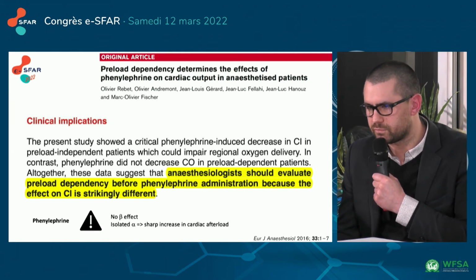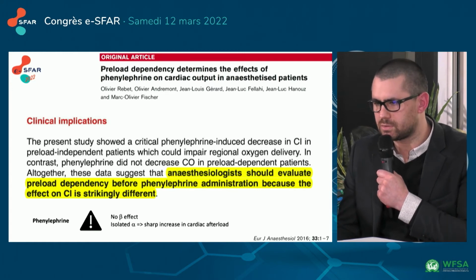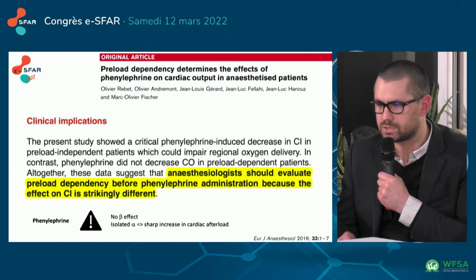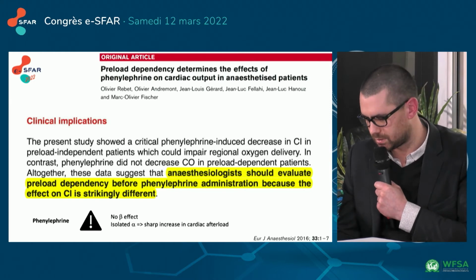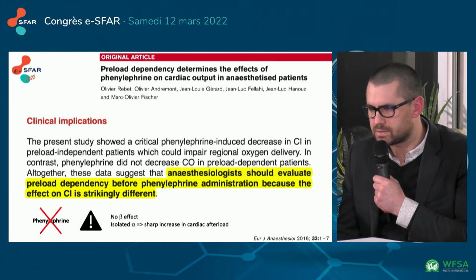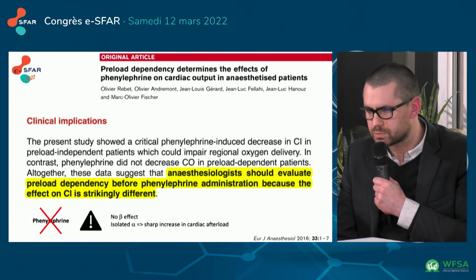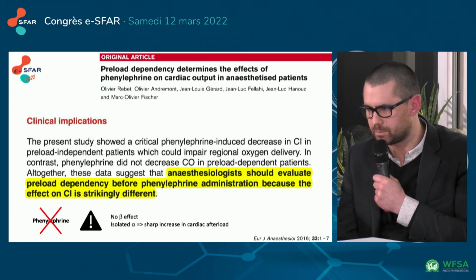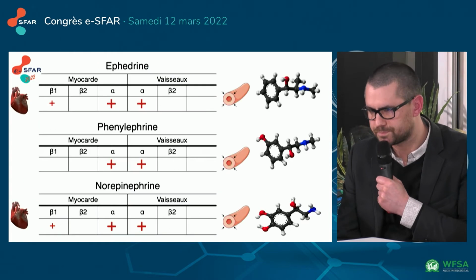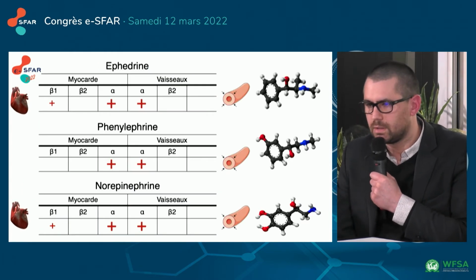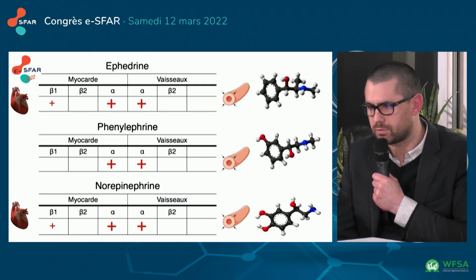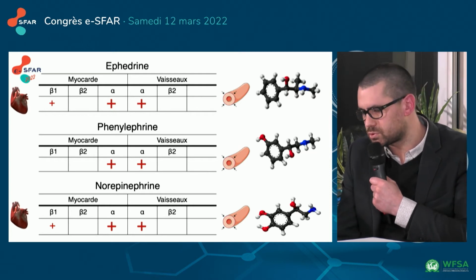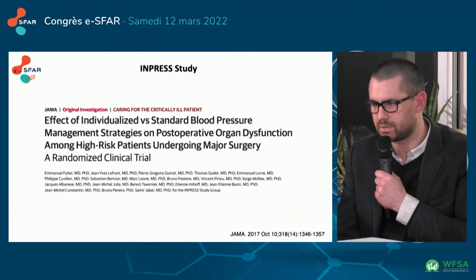And to my point of view, since phenylephrine has no beta effect, it has just an isolated alpha effect, which might be detrimental. To my point of view, at least, phenylephrine should not be used anymore in any operative room without any monitoring tool. Finally, we have norepinephrine, the third choice, which has a strong alpha effect and a beta effect.